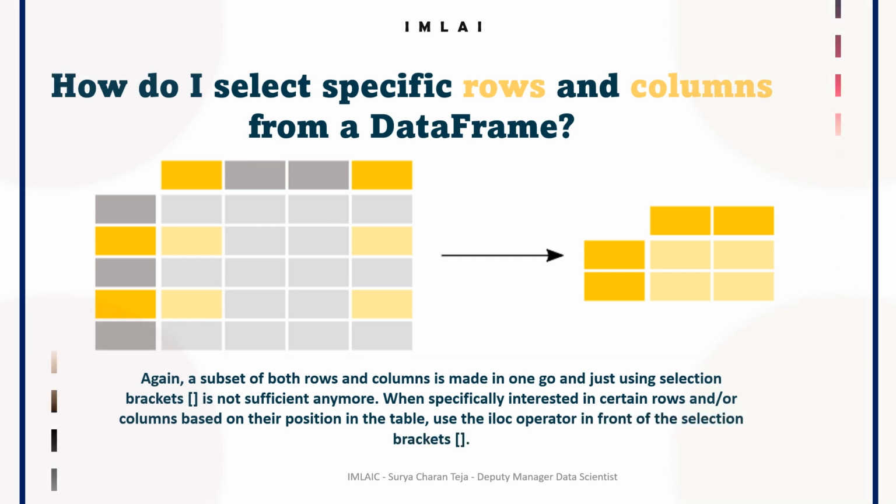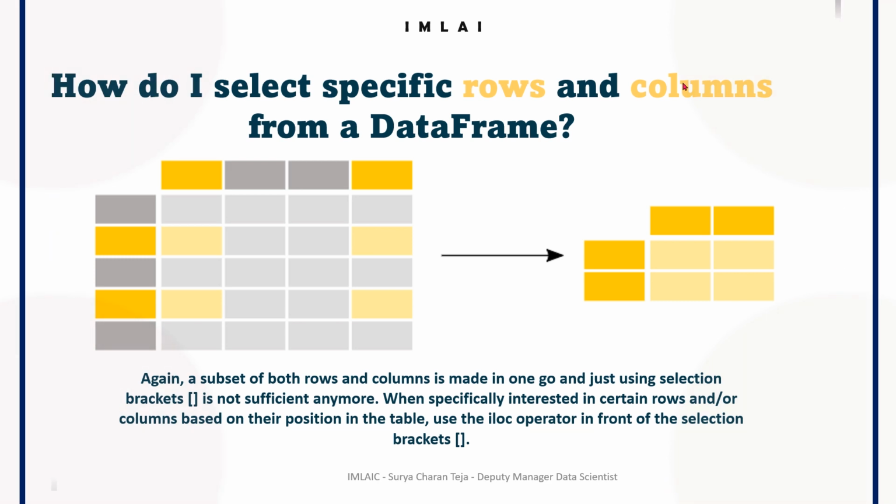When specifically interested in certain rows and/or columns based on their position in the table, we have to use the iloc operator in front of the selection bracket. So if we go for the position, we have to use iloc. What is that position? We will do it in the next example. But iloc is a method which makes filtering rows and columns simple, and in one go we can do that.